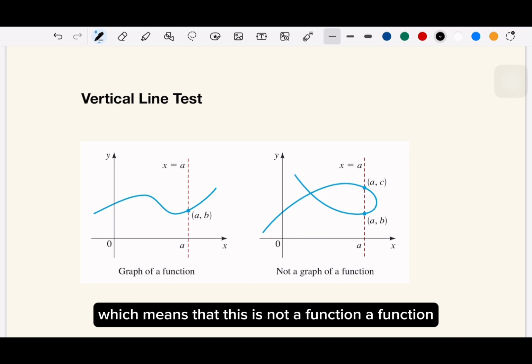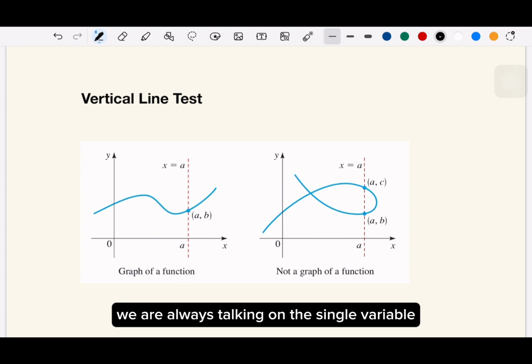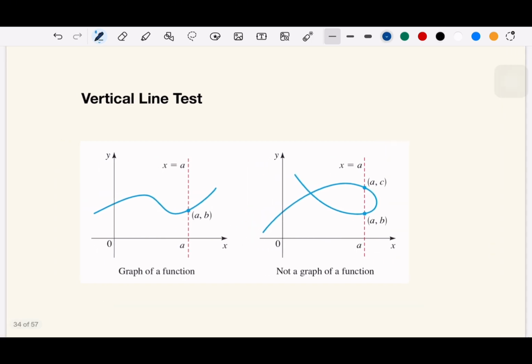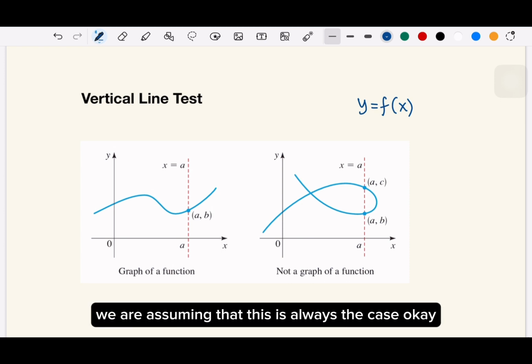Suppose that we are always talking about single variable functions. So y is supposed to be a function of x, and by default we assume that this is always the case, okay?